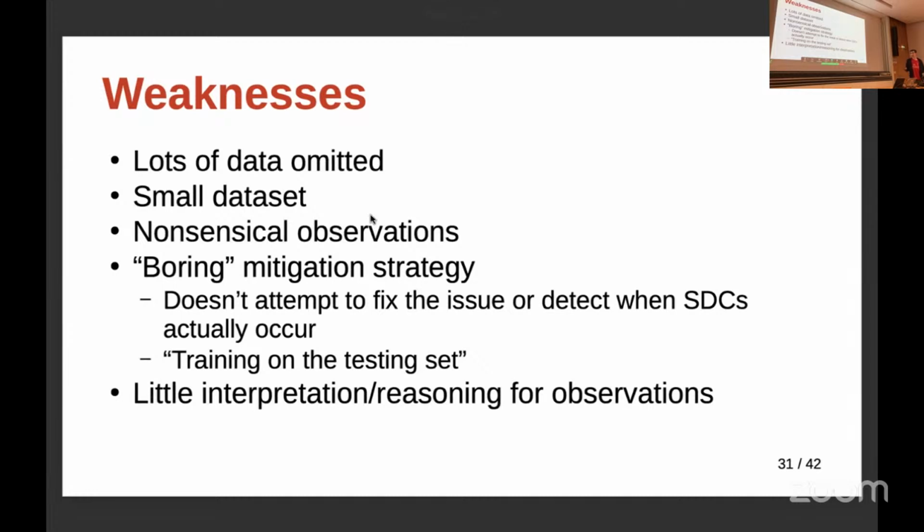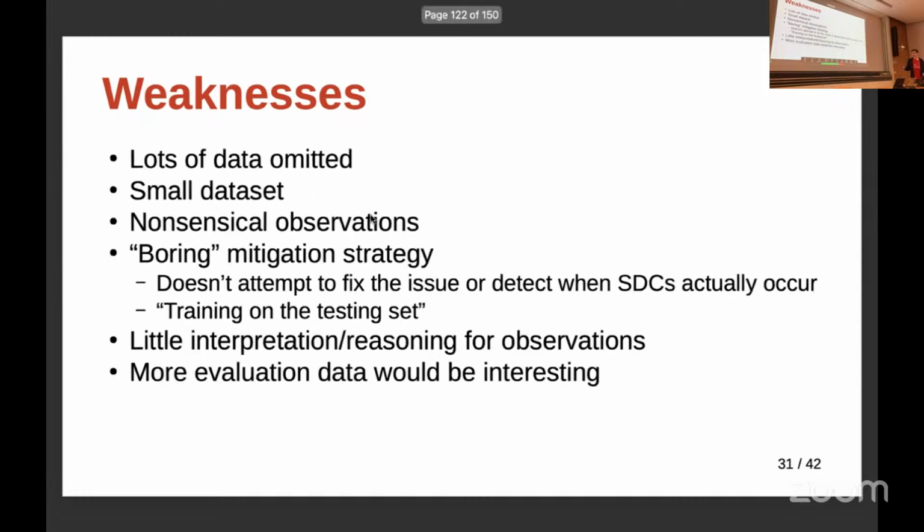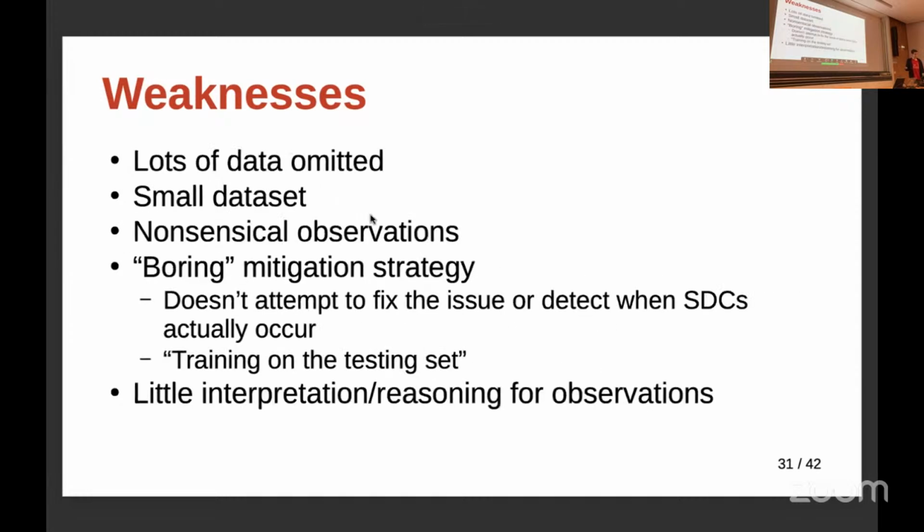There's not very much interpretation or reasoning behind many of the observations that they make. For most of the time, they just give a number without really trying to explain or understand why this is occurring. And sometimes even when they do attempt to give an explanation for something, it doesn't end up making too much sense.